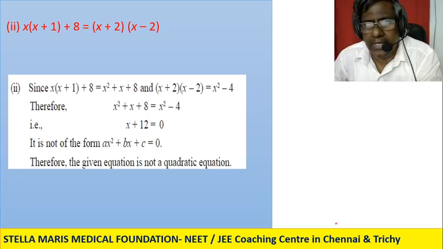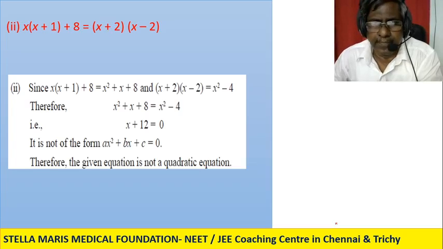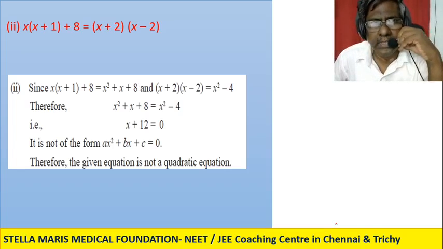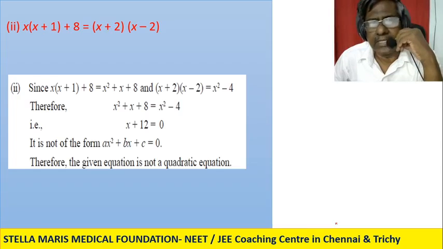Good, Shivakumar, you are also telling no. Very good. So x into x plus 1 plus 8, if you multiply, it will be x square plus x plus 8. That is equal to x plus 2 into x minus 2.